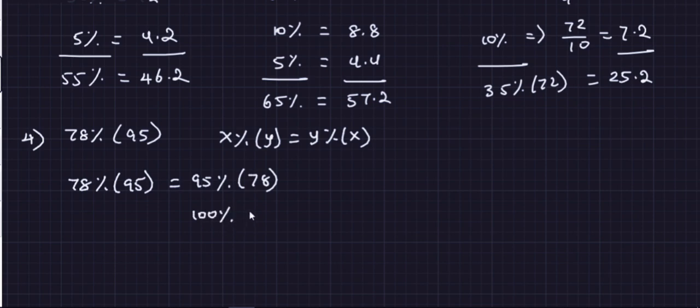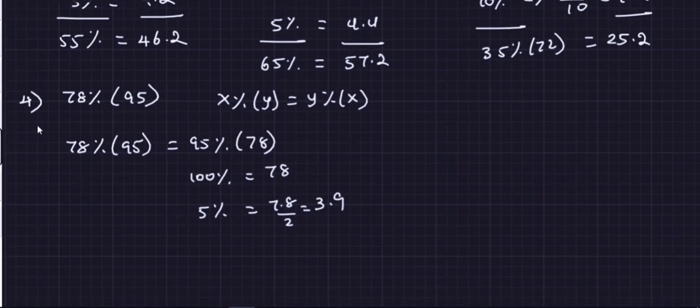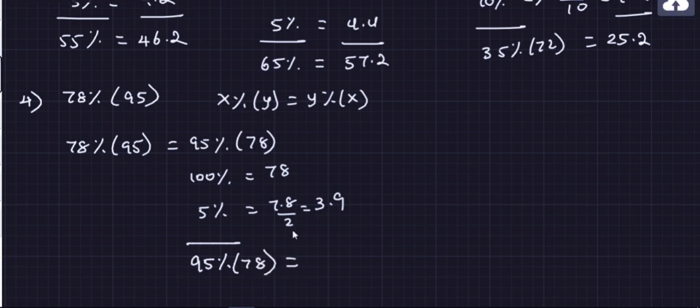Where 100% of 78 is nothing but 78 itself. Then 5% of 78: 10% of 78 would be 7.8 divided by 2, which would be 3.9. So be careful, here we have to subtract in order to get 95%. So 100 minus 5%, which would be giving us 95% of 78 as 78 minus 3.9.